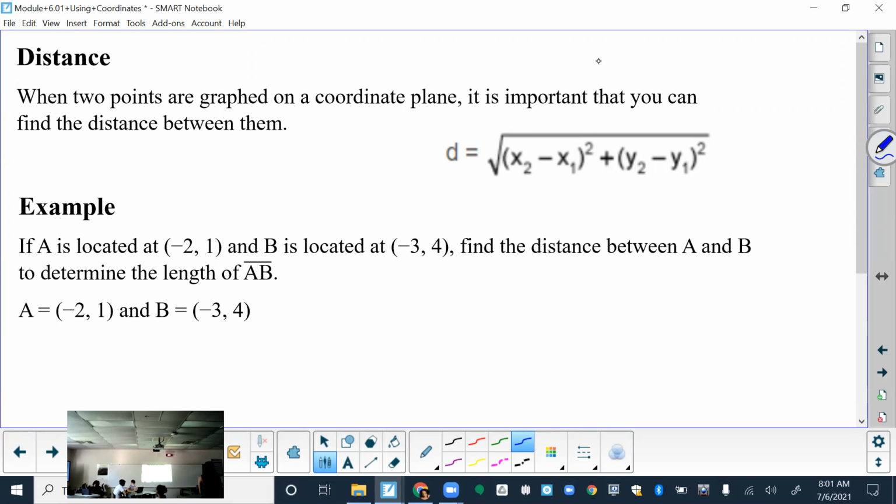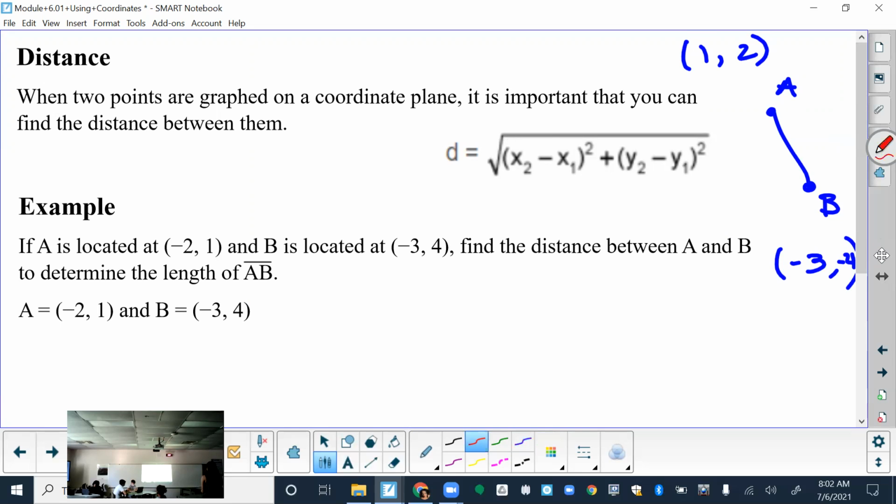Whatever 2 points you are looking at, so let's say it's a line that looks something like this, you just have to figure out what coordinate A is. Maybe it's 1, 2. Figure out what coordinate B is. Maybe it's -3, -4. And plug them into this formula.